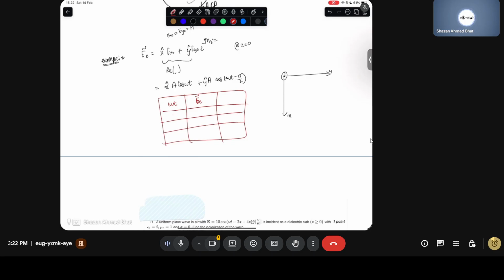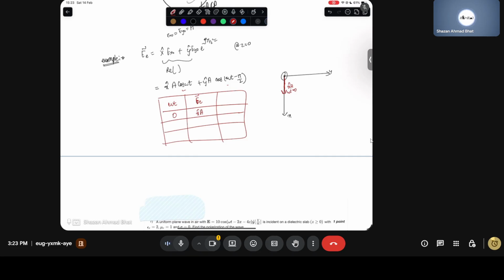For omega t equal to 0, this will be 1. So this will be cos of minus pi by 2. So cos of pi by 2 is 0, so only the x component will remain, so this will be along this direction. So this will be x cap A at omega t equals 0.